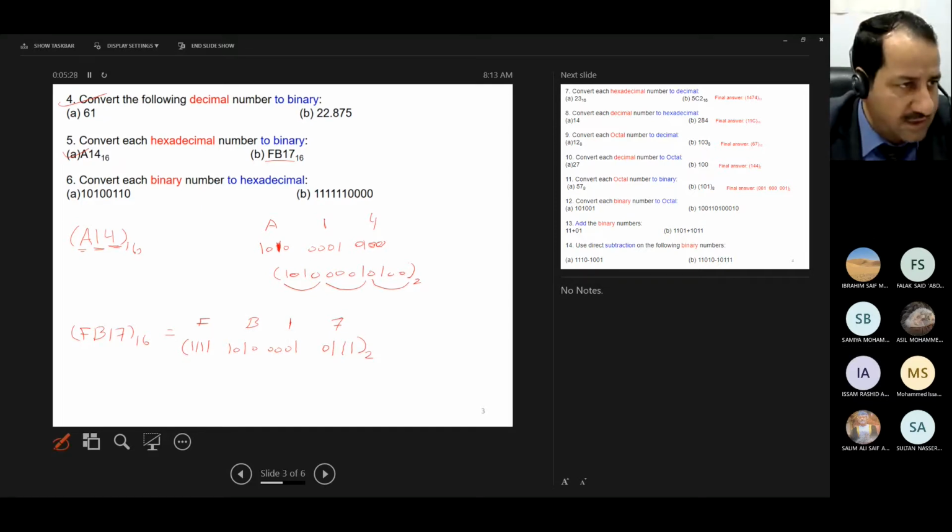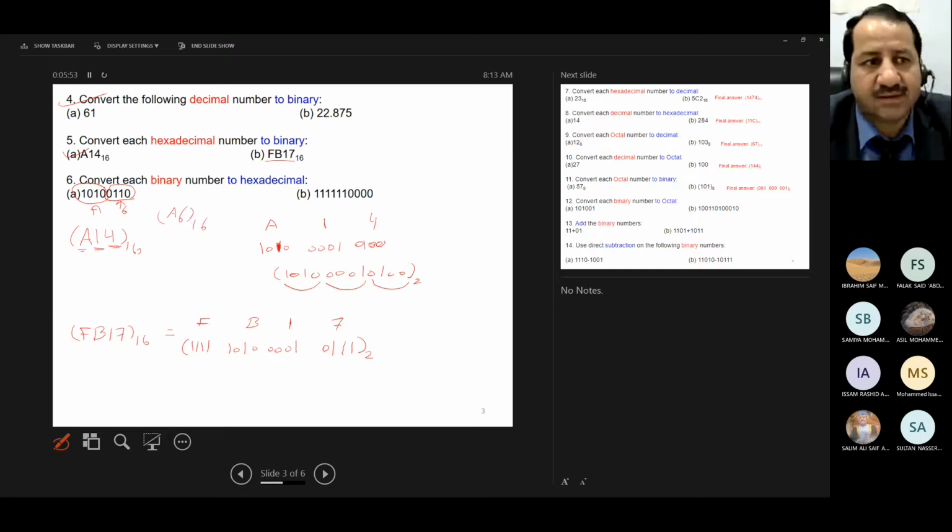As an example, if you can see here, this is the first number and this is the second number. The first number here is 2 plus 4, 6. The second number is 2 plus 8, 10. And this is hexa, so 10 means A. So this number is A6, and the base is 16.